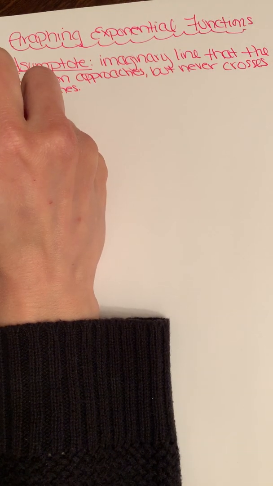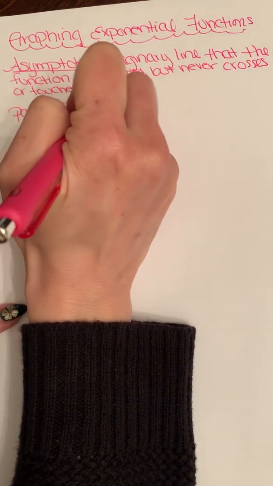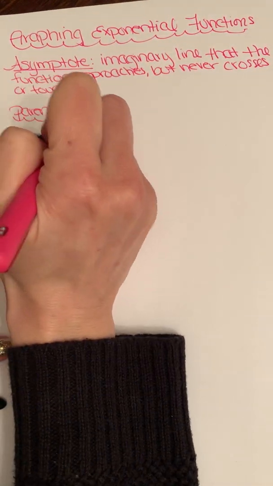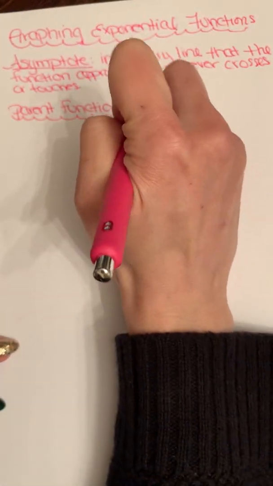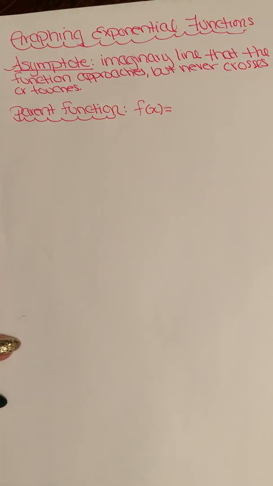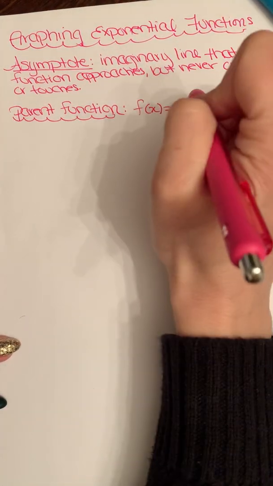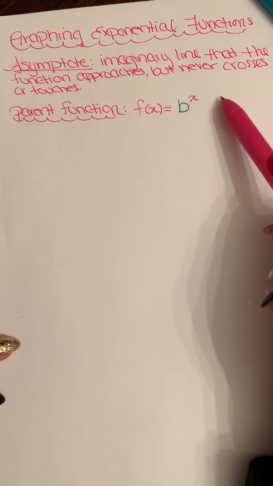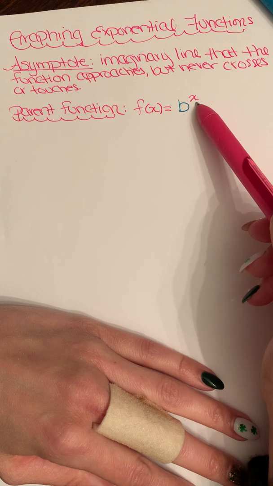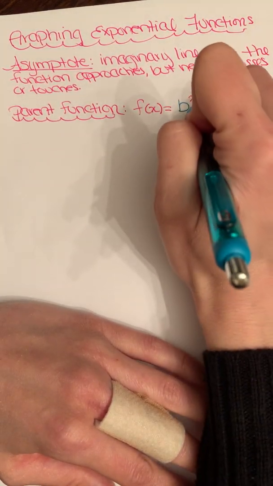So let's look at a parent function for exponentials. The parent function looks like f of x or y, they're the same thing, equals b to the x. As you see, our x variable, or our independent variable, is an exponent, hence exponential functions.